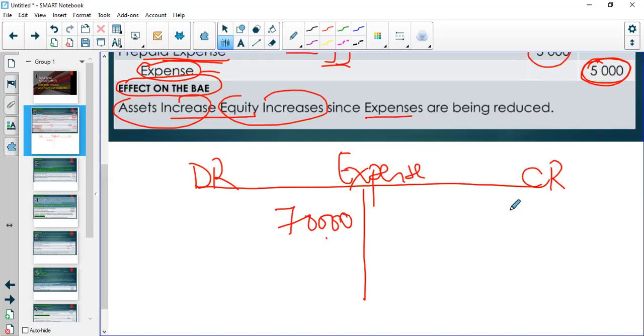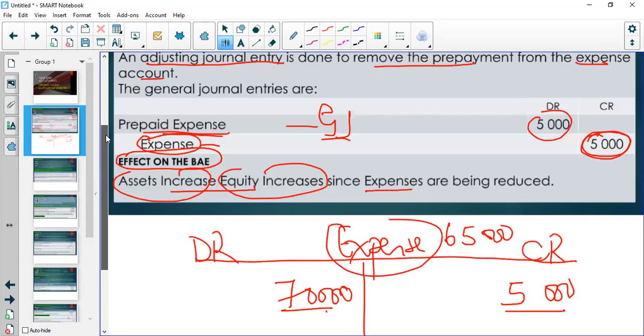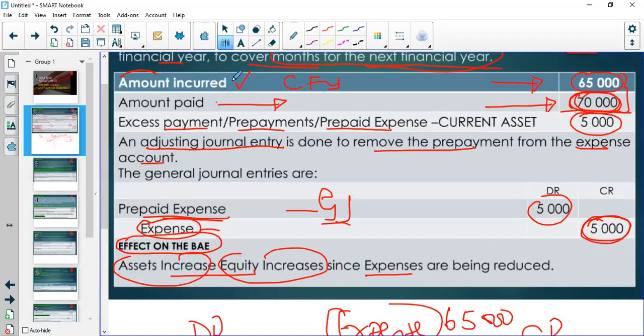And now we enter 5,000 on the credit side to say, no, we are adjusting. So if you want to balance this expense, the correct amount is the expense account now has 65,000, right? Because it is 70,000 on this side and 5,000 on the other. So the balance is 65,000 on this particular account, which is exactly what we want because that's the amount incurred, right? I hope that this makes sense to you.